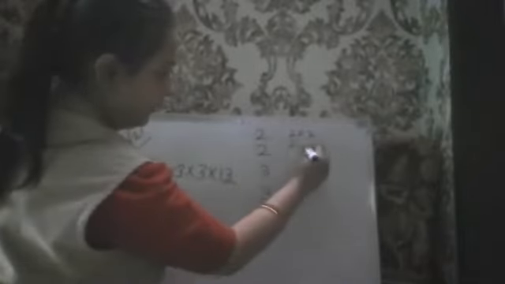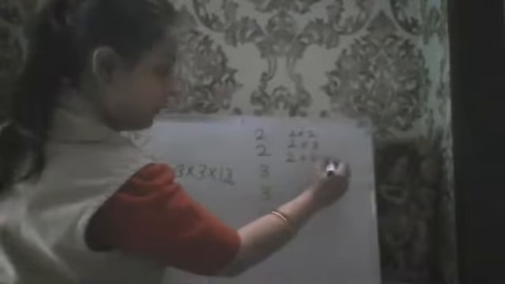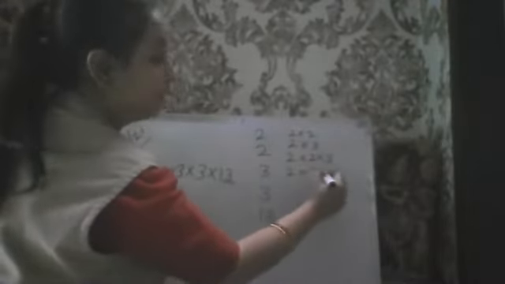First of all, you can make a combination of 2 into 2, then 2 into 3, then 2 into 2 into 3, then 2 into 2 into 3 into 3, then 2 into 13, 3 into 13, 2 into 2 into 13, 3 into 3 into 13, 2 into 3 into 13.